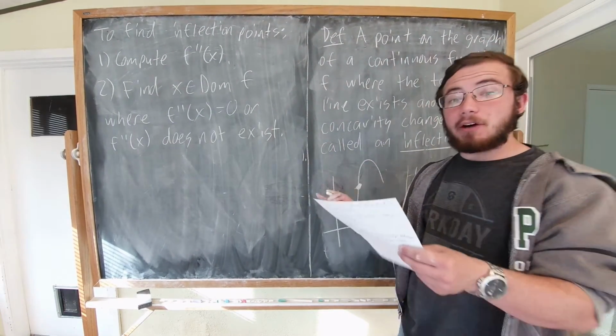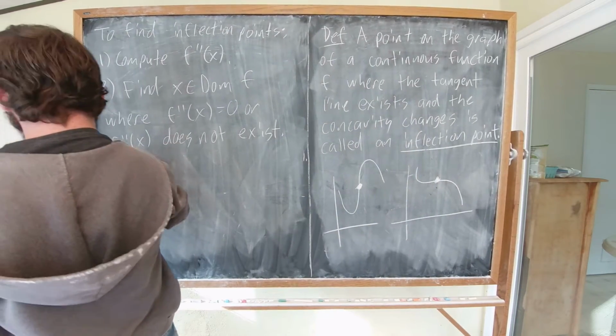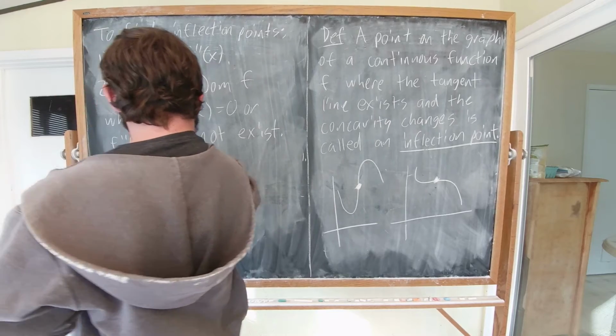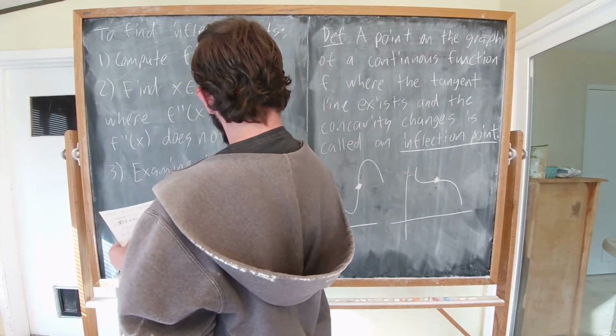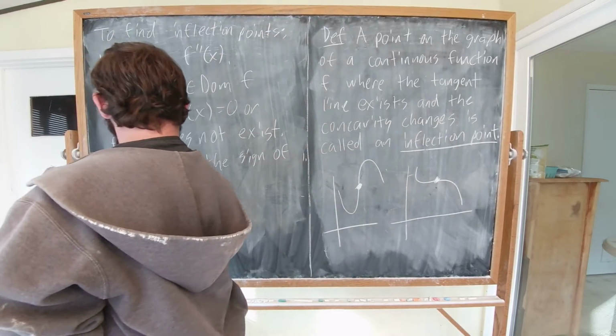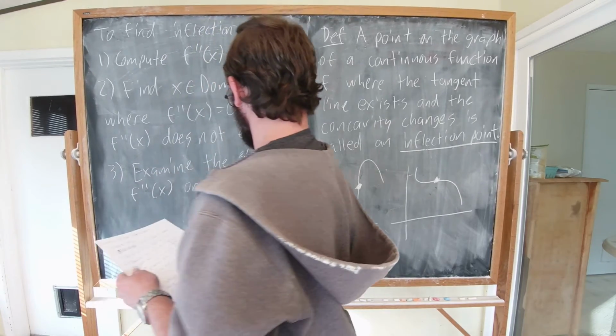Okay? So now that we've done that, we examine the sign of f double prime of x on both sides of each number from 2.